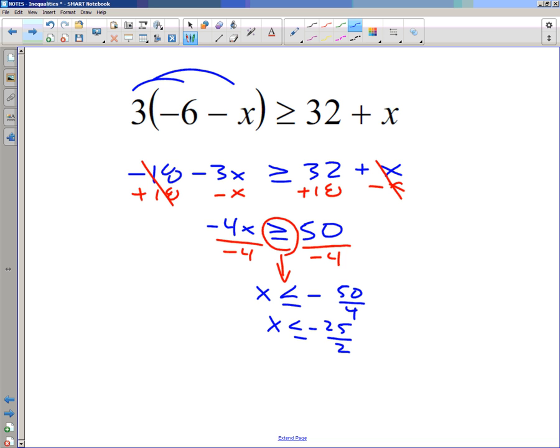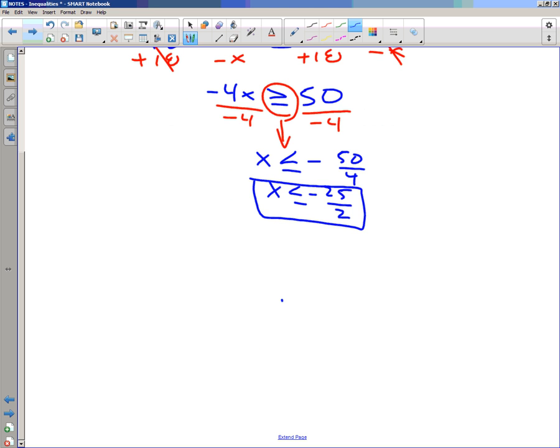Now, I want to go ahead and graph this. Graphing is not very important for this particular problem, but it will be for some of the more advanced problems that we're going to do in just a minute, so we'll just practice a little bit as we go along. When I ask you to graph, you don't need to put a whole bunch of tick marks on your number line. In fact, for this particular problem, the only important value is the negative 25 over 2.